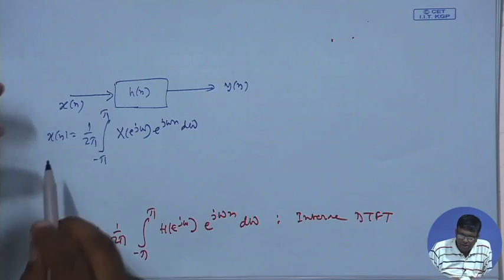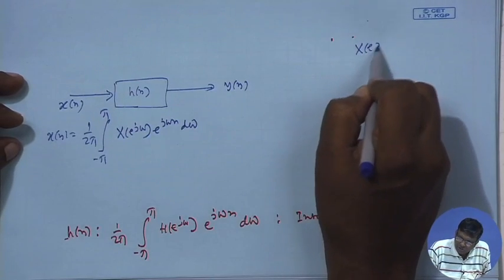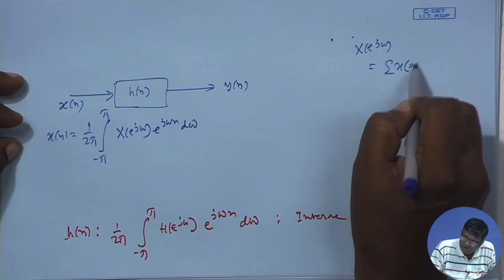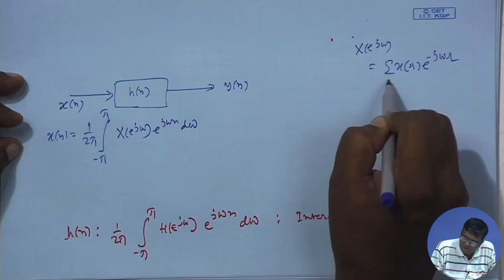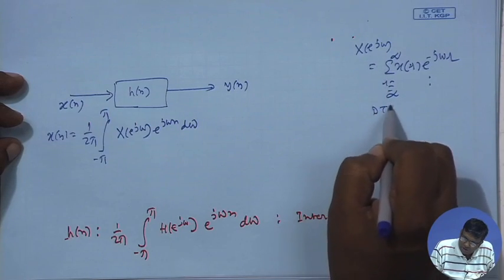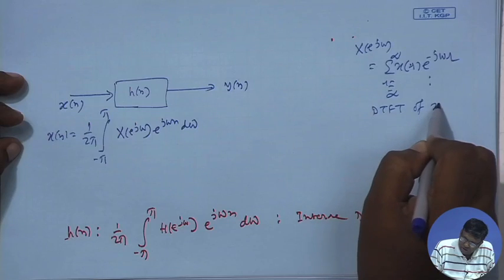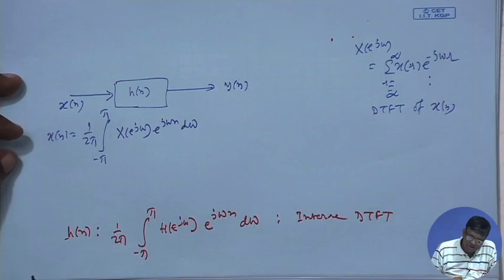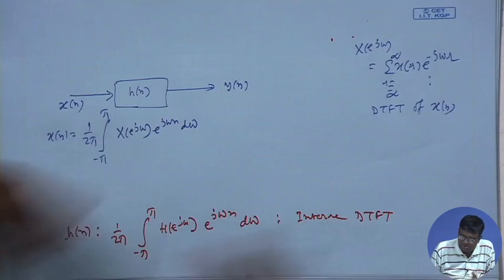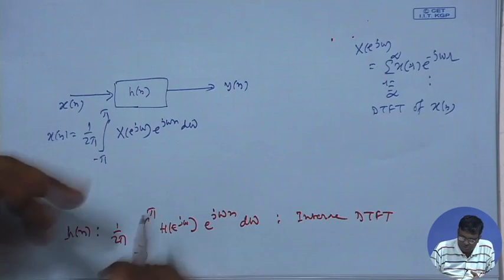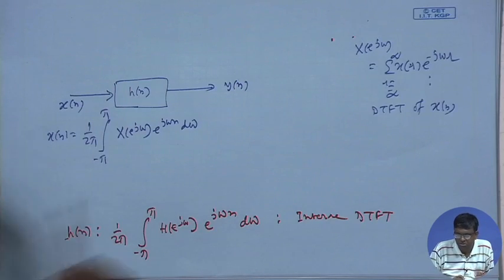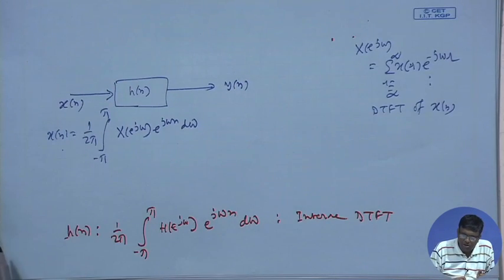Where this is by the same formula, x of r e to the power minus j omega r, same thing for this sequence, which is nothing but the discrete time Fourier transform, DTFT, of xn. So that if I bring it here and carry out this, I will get xn by this result, because this is true for any sequence hn, not necessarily a particular hn which is a system impulse response. So, this xn I am giving.